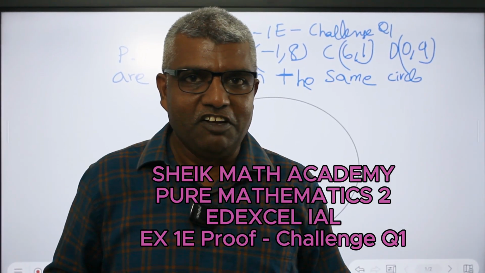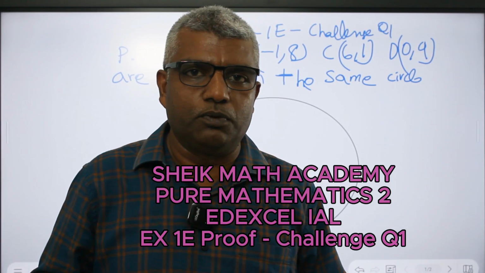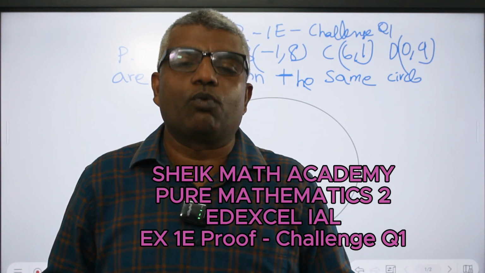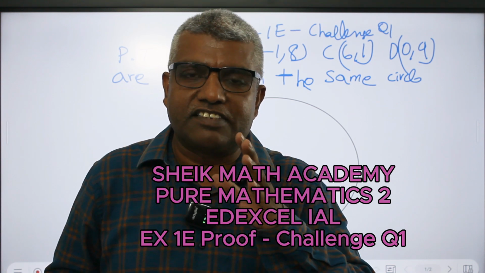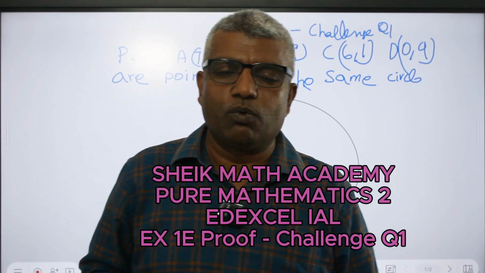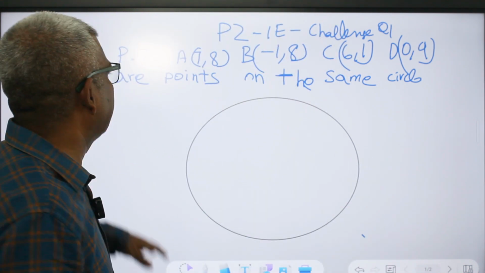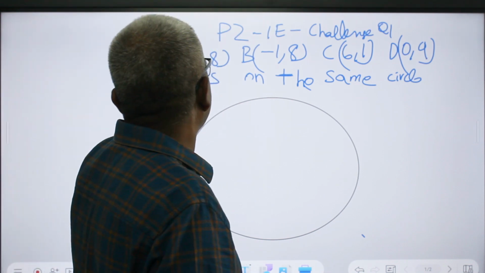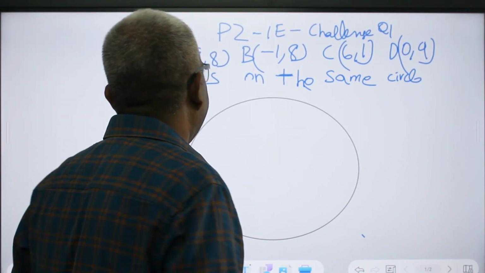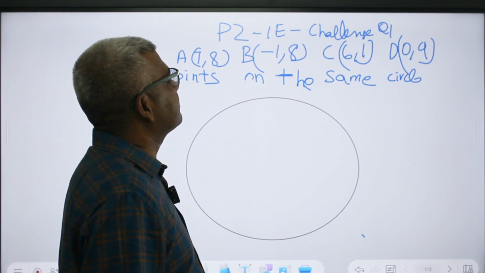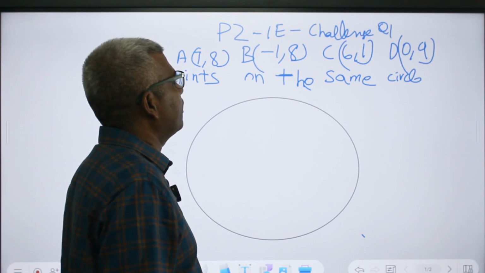In this lesson, we are going to see P2 Pure Maths Edexcel IAL Chapter 1 Exercise 1E Proof, Challenge question number 1. Okay, look at the question. Prove that A (7,8), B (-1,8), C (6,1), D (0,9) lie on the same circle.